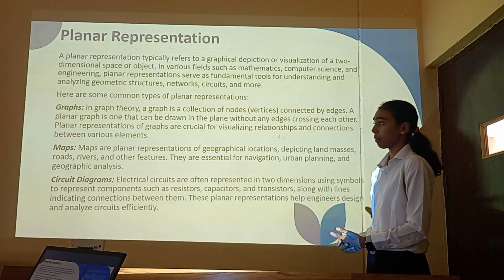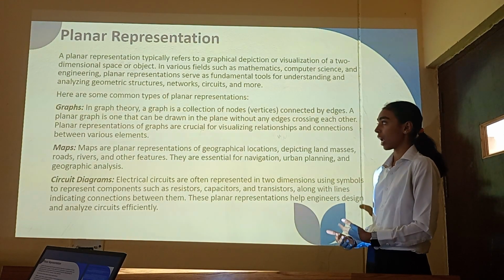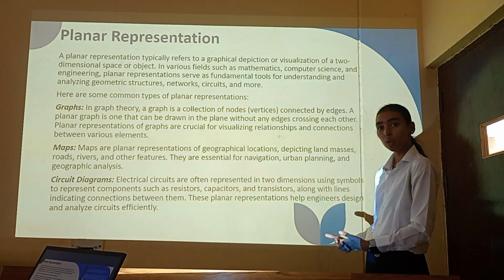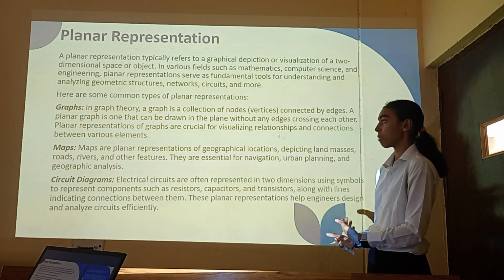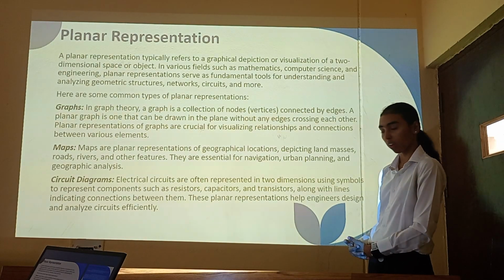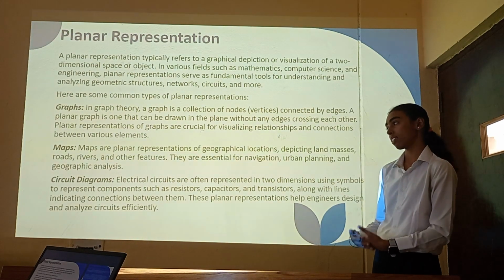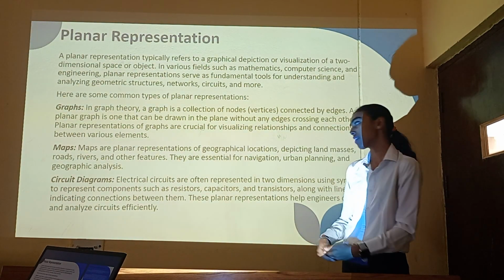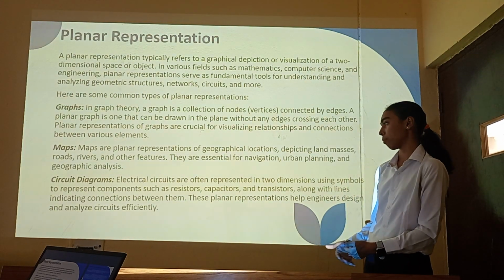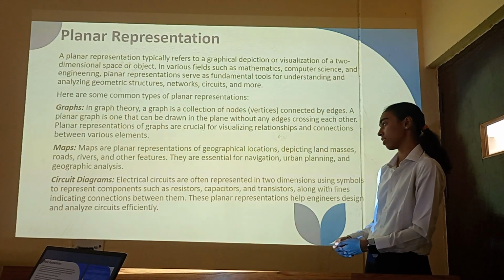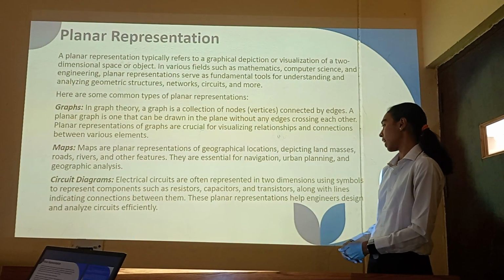Some types of planar representations are graphs. In graph theory, a graph is a collection of nodes, or vertices, connected by edges. Second, maps. Maps are planar representations of geographical locations. And third are circuit diagrams. Electrical circuits are often represented in two dimensions using symbols to represent components such as resistors, capacitors, and transistors.